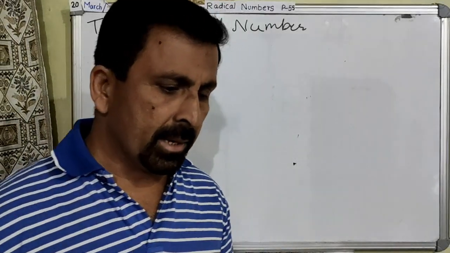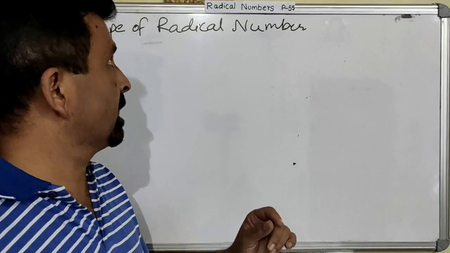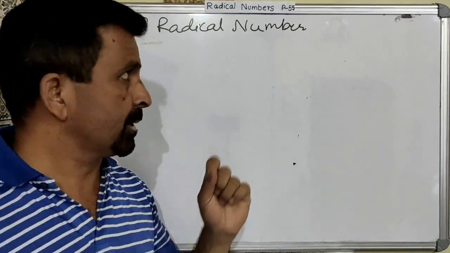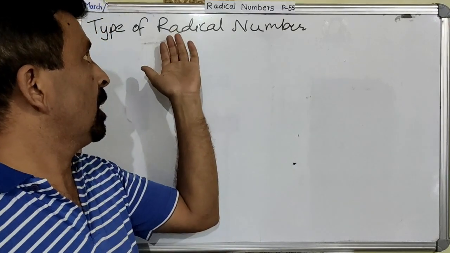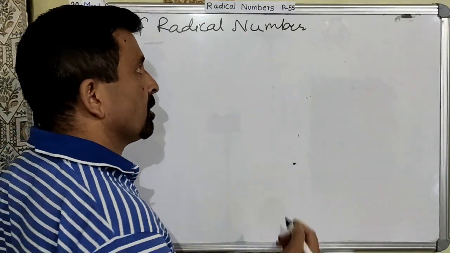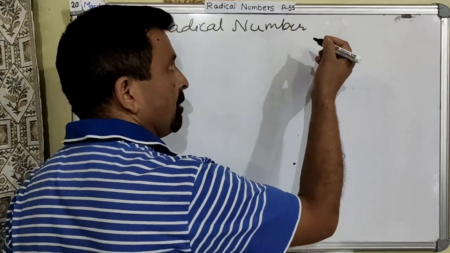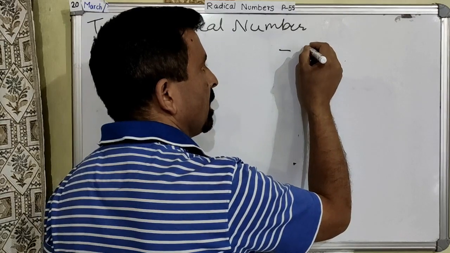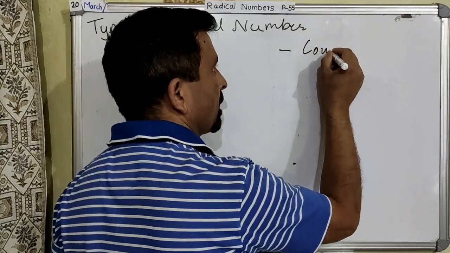Now we will have the next topic in the radical. We will continue with the type of radical number. After we have understood what is radical number, now we are focusing on the type of radical number. So there are 3 types. We will classify them into 3 types. The first one is called as complete radical.